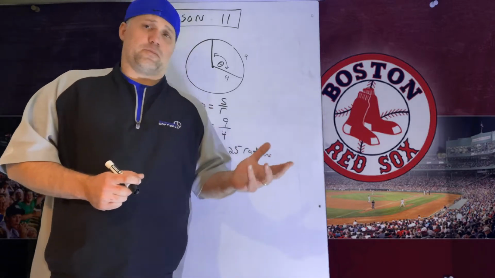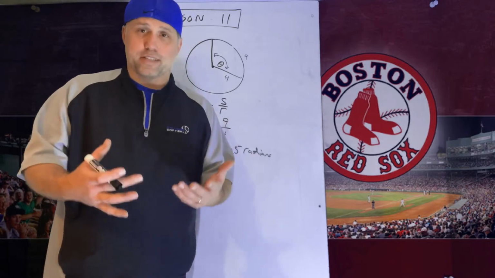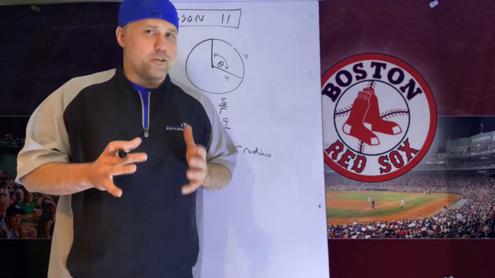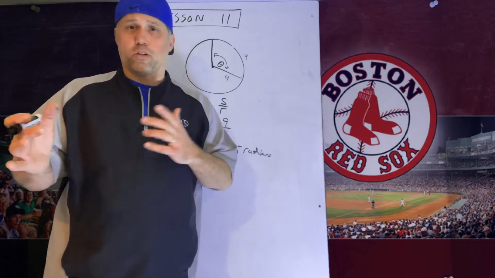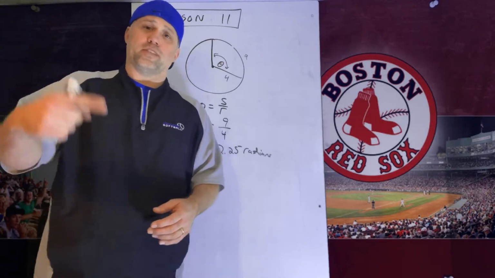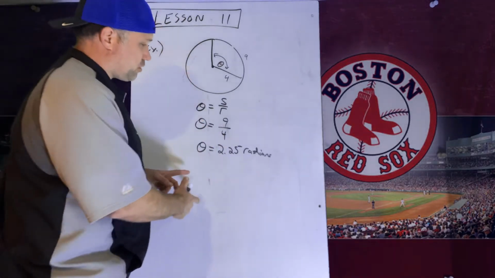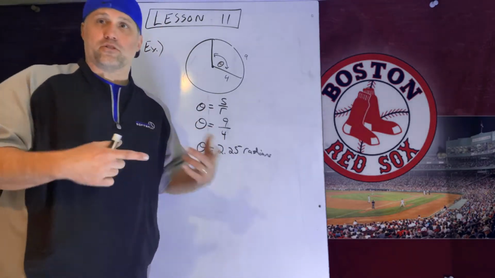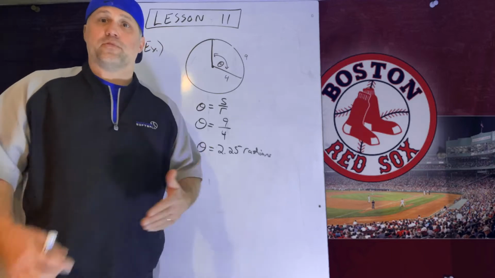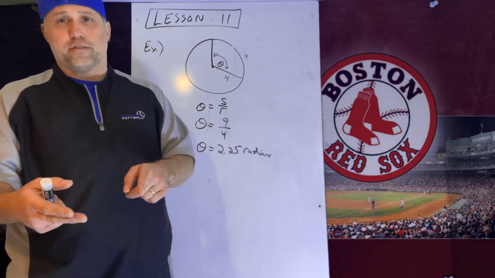But if I tell you it's 37 degrees Celsius outside, if you're not taking science or haven't taken science in a while, you may not know what Celsius means as far as 37 degrees, but you can convert that. There's a formula to switch from Celsius to Fahrenheit, and then it would be something you understand. There's a formula to switch from radians to degrees, and I'm going to show you that here in a second so that we can talk about how to switch things that are in radians to degrees.